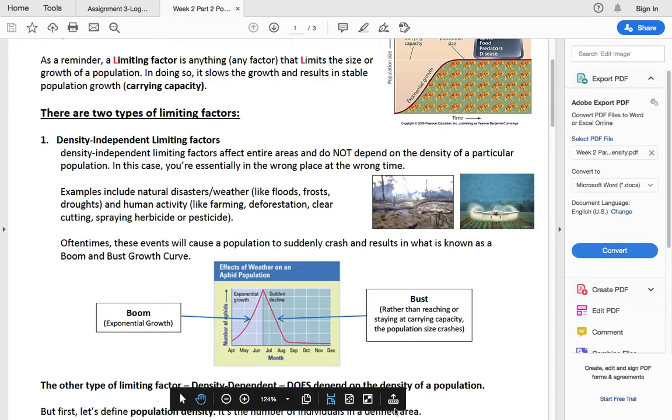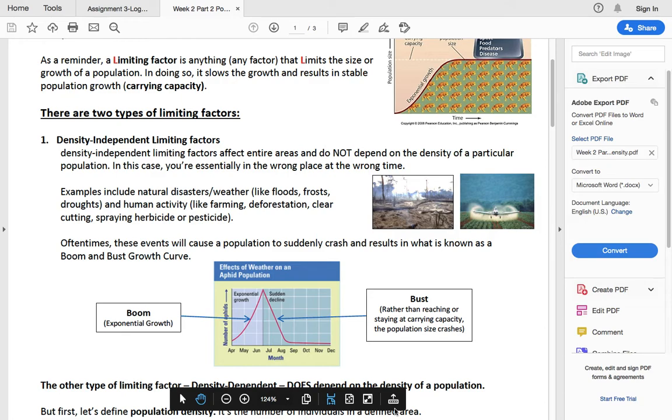Examples include natural disasters and weather, so things like floods or frost or drought where there is no water, and human activities like farming, deforestation, clear cutting where they cut down forests, spraying herbicides or pesticides.